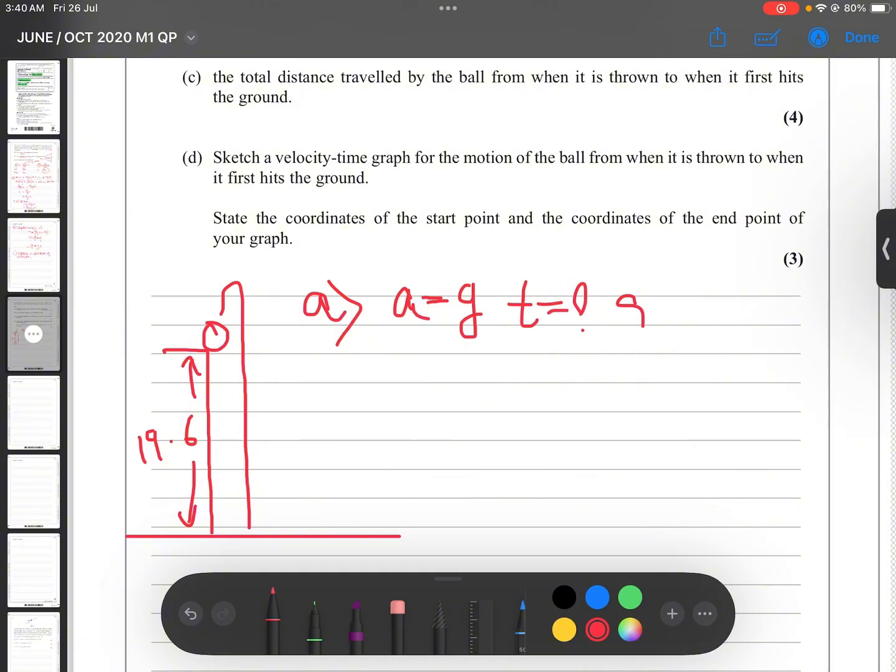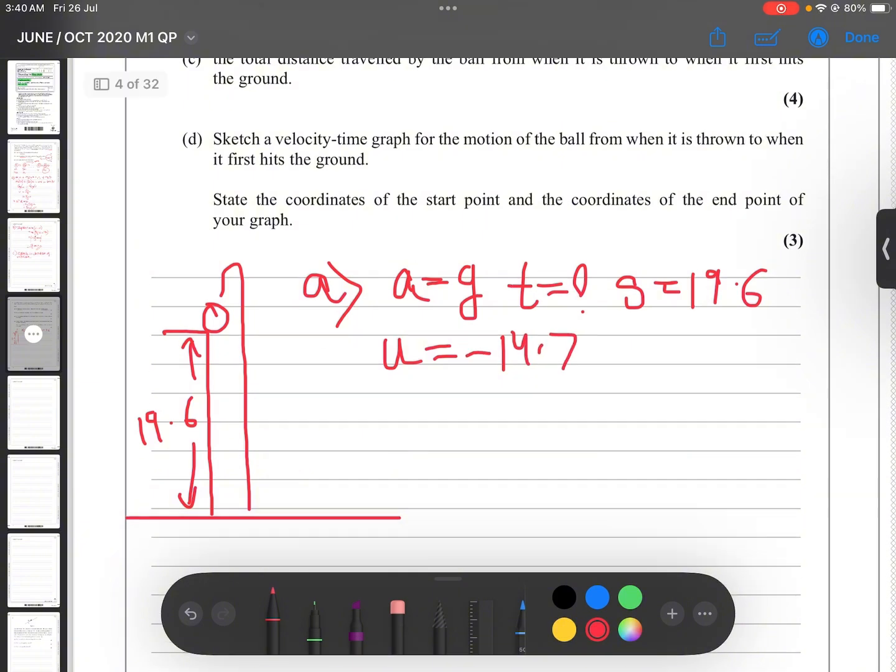We have the distance given, 19.6. When an object is falling down, we take acceleration positive, but the velocity has to be taken negative. So my velocity, they gave us 14.7, instead it's going to be minus 14.7. I hope you got the point.